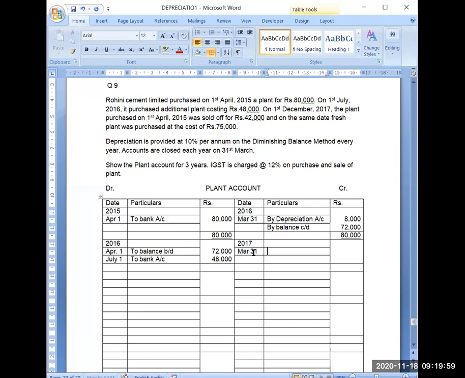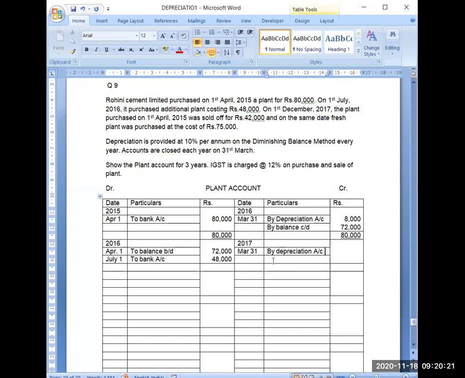and we will record the depreciation on these two plants by depreciation account. And because two plants are there, that's why we will show the depreciations separately.